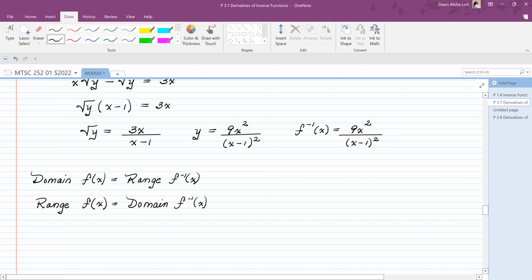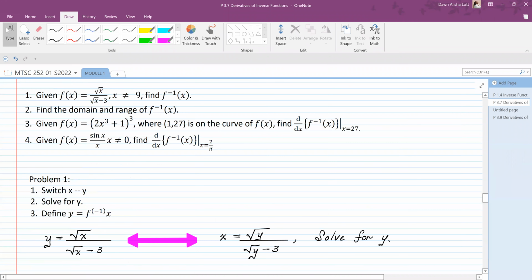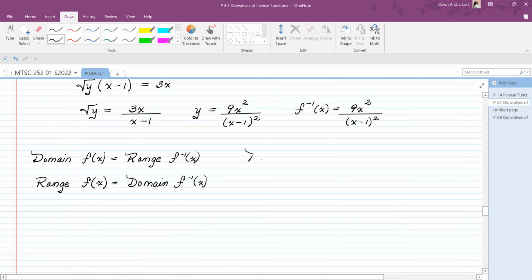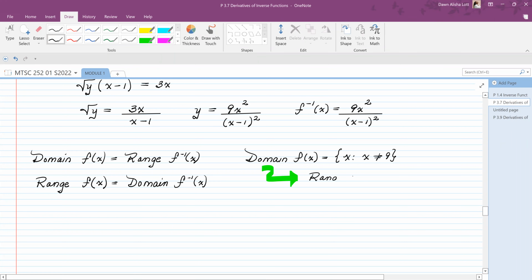So if I go back and look at this, and I see that x cannot be equal to 9, I know the domain of f is the set of all x such that x cannot equal 9. So right away, that tells me that the range of f inverse is the set of all x such that x is not equal to 9.